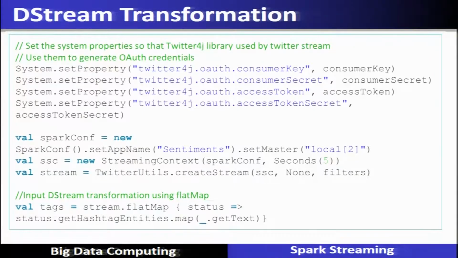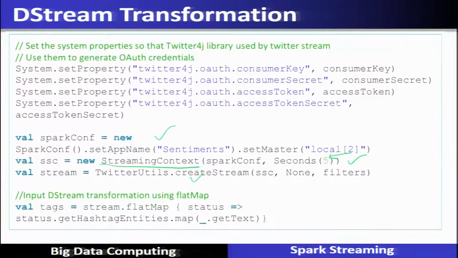The first statement is about starting a new Spark configuration and setting the Spark streaming context. The streaming context is just like the Spark context. Here, with this streaming context, we are creating a window of 5 seconds.